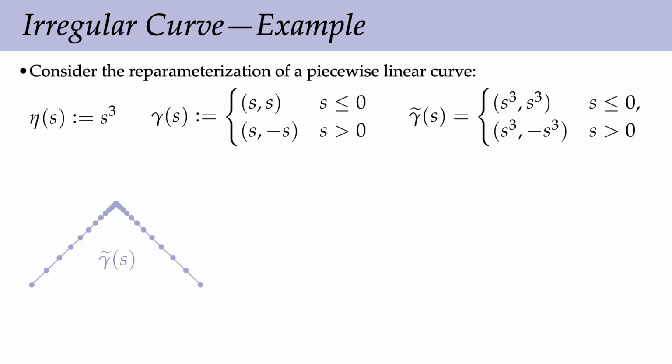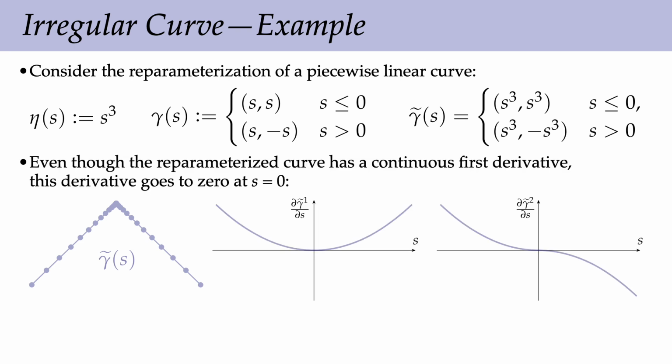Well, let's draw the two coordinate functions. Okay, so here they are. The first one is essentially the x component of gamma tilde. The second one is the y component of gamma tilde. And they look like perfectly nice functions. I could definitely tell you what the derivative of gamma tilde is at 0.